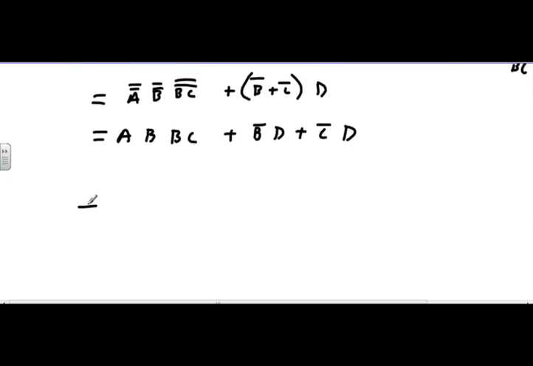And then I can say, well, the two B's are the same. So A, B, C, or B naught D, or C naught D. And I don't think I can do anything about that. There really isn't anything I can do about that.